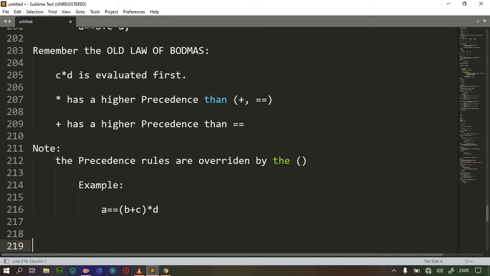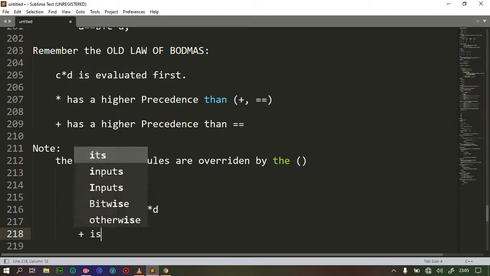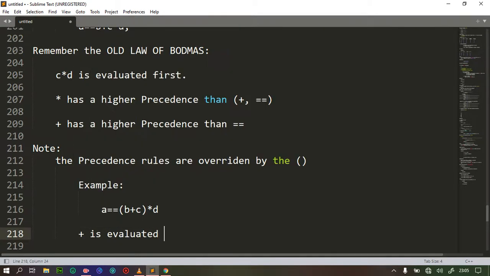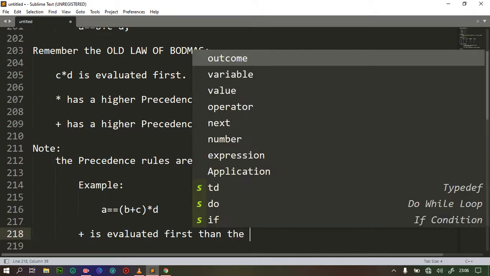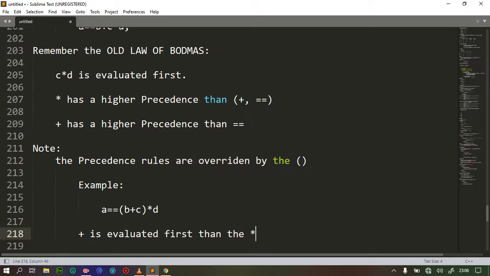Okay, how does the story change? Plus is evaluated first, then the multiplication.